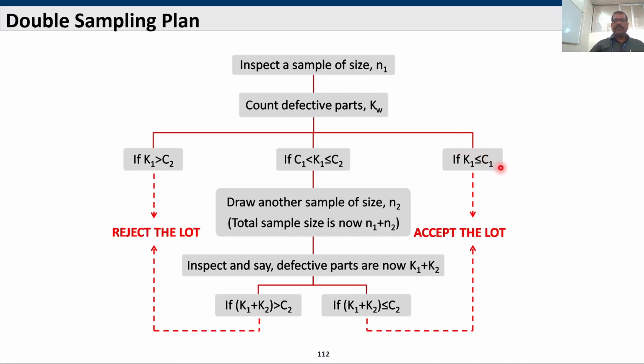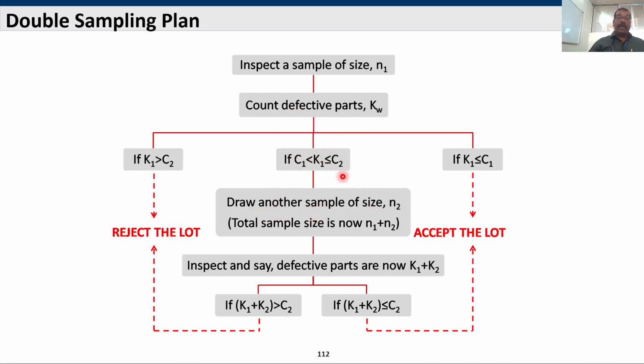If K1 is equal to or lesser than the C1 value, then you can accept the lot. Otherwise, you have to go with the double sample. So for double sample, your K1 needs to be in between C1 and C2. It may be greater than C1 but lesser than C2.